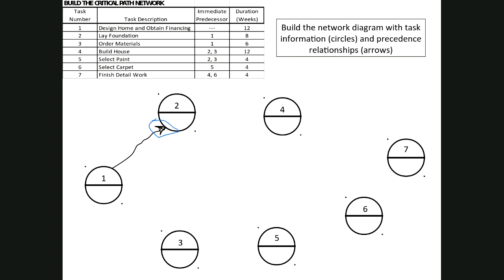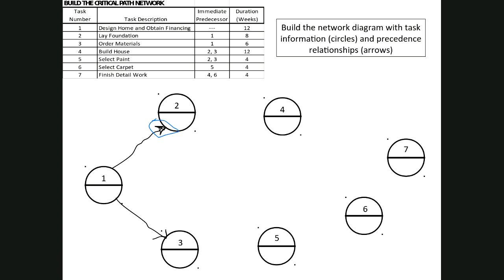Okay. All right. So let's continue and go through building our network. You'll see here that task 3 is also preceded by 1. So we need to have an arrow from 1 to 3. All right, and continue. Now, task 4 is preceded by both 2 and 3.